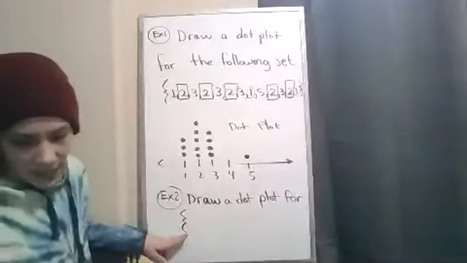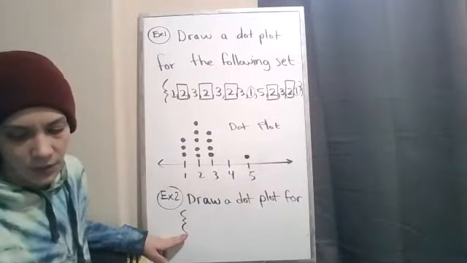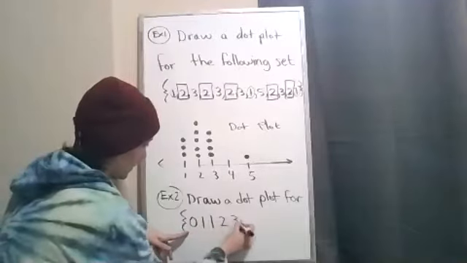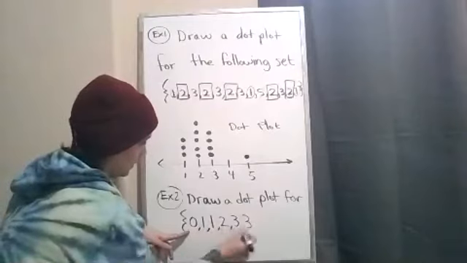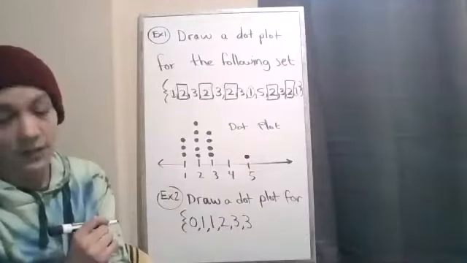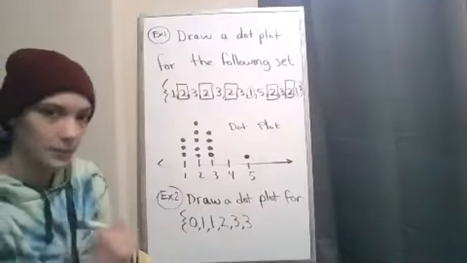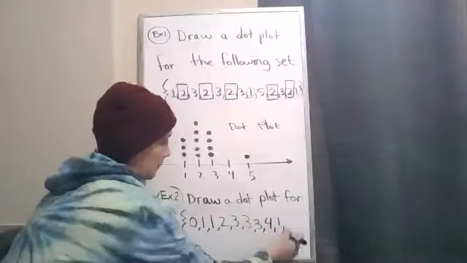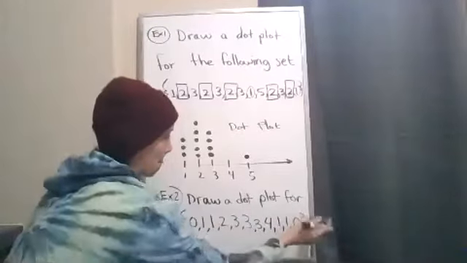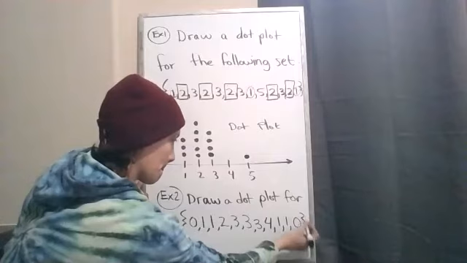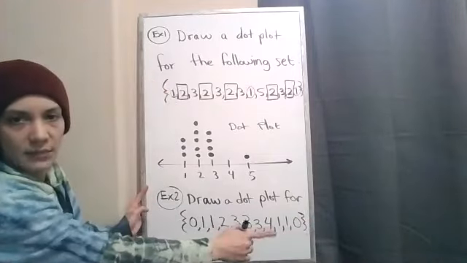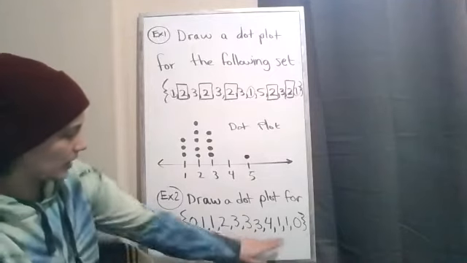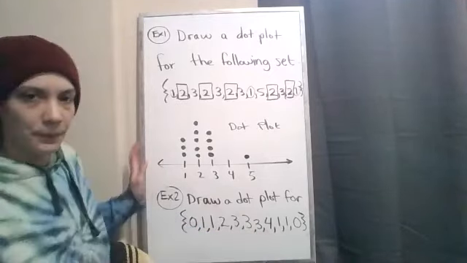The set that contains 0, 1, 1, 2, 3, 3, 3, 4, 1, 1, 0. And close the set. We need a placeholder for 0 and as high as 4 on some number line.